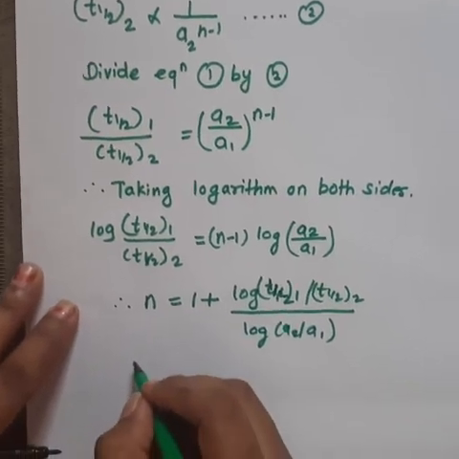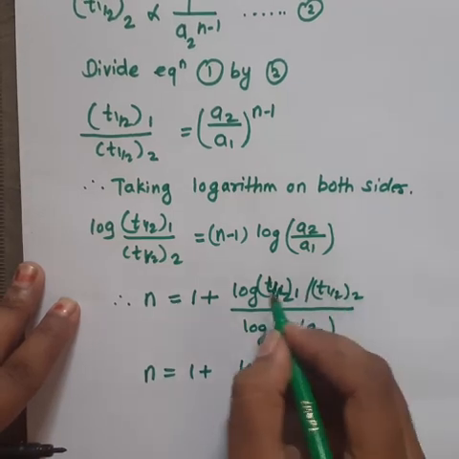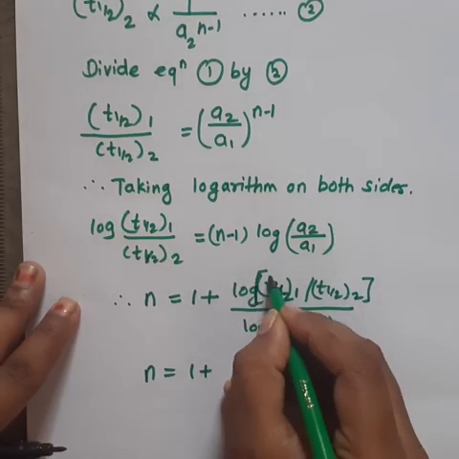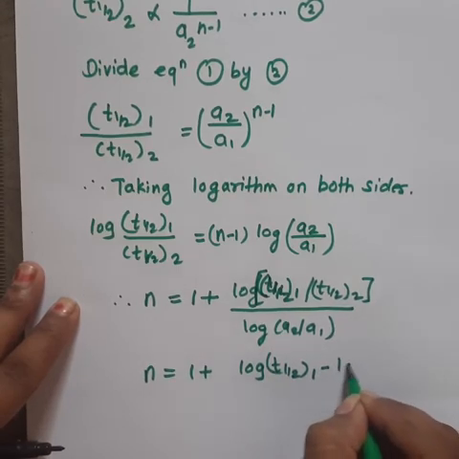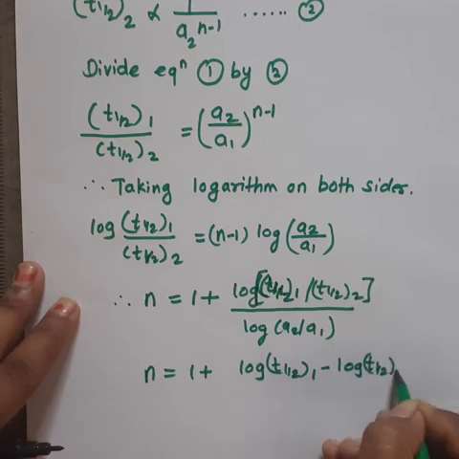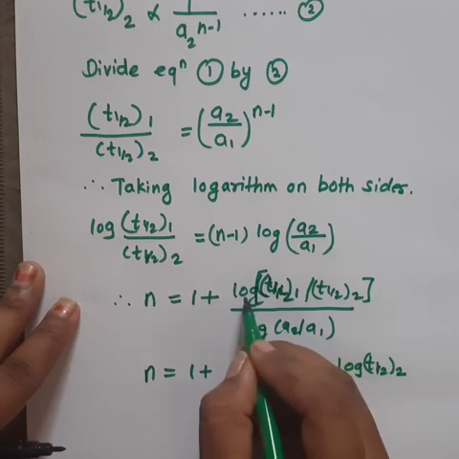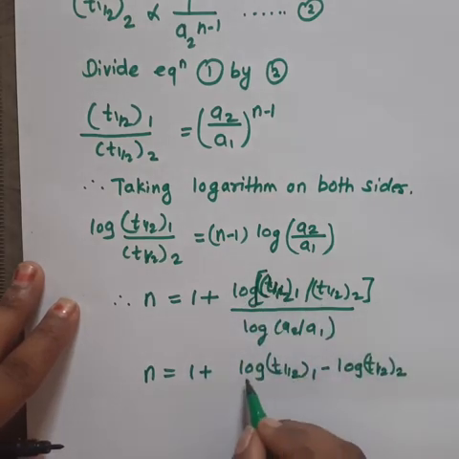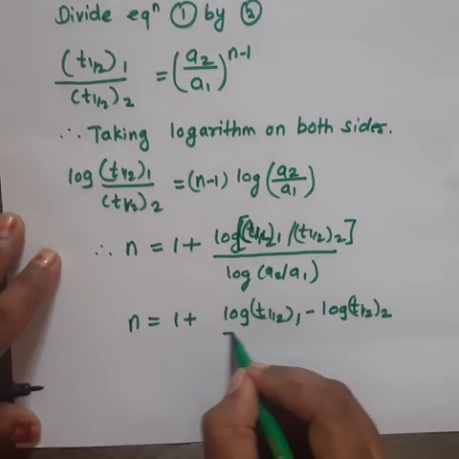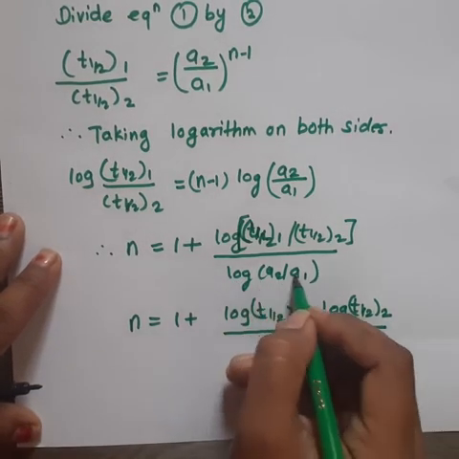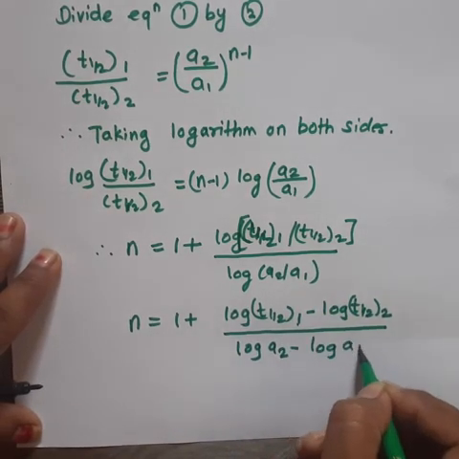This can also be written as n is equal to 1 plus log T half of first minus log T half of second, divided by log A2 minus log A1, because log of A2 upon A1 can be written as log of A2 minus log of A1.